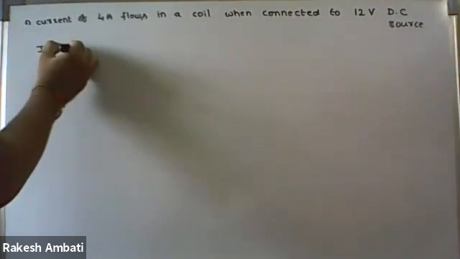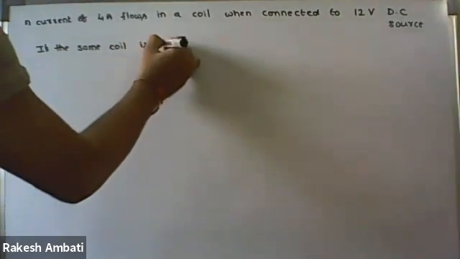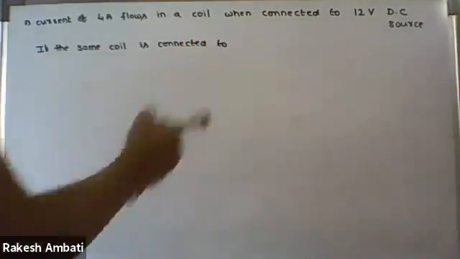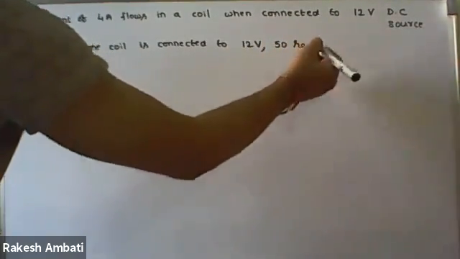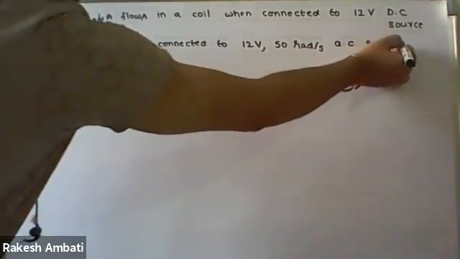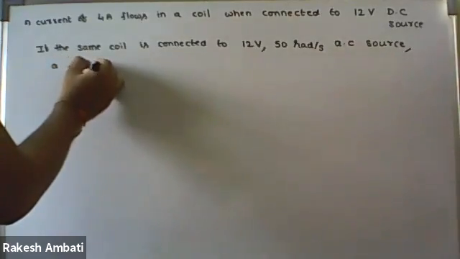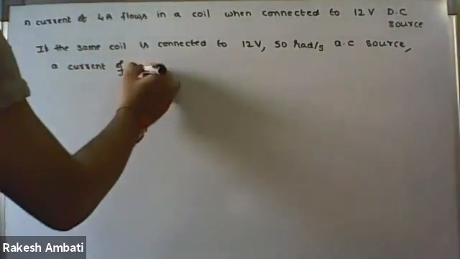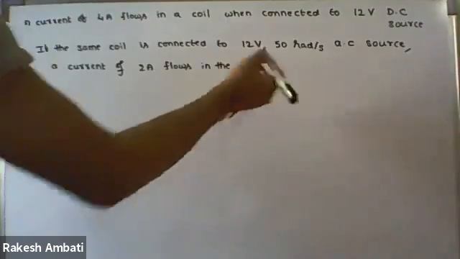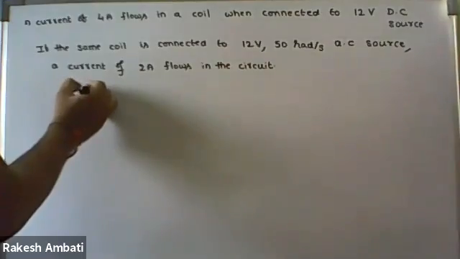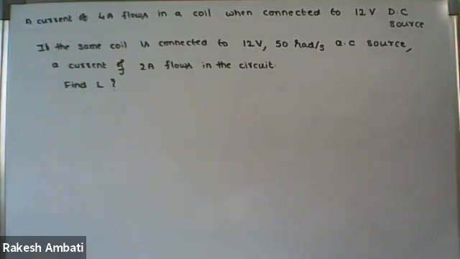If the same coil is connected to a 12 volt, 50 radian per second AC source, a current of 2 ampere flows in the circuit. Find L. Inductance we have to find out.